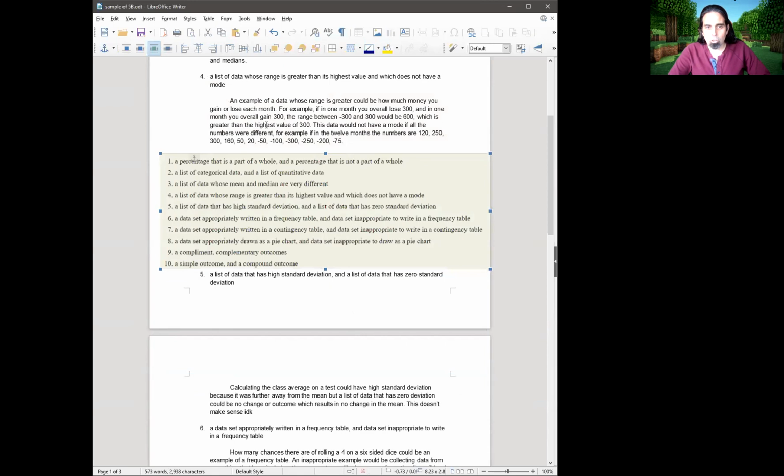This person did a good job on number 4. If you want the range to be greater than the highest value, then you have to have a negative thing in there somewhere. If I want to say the price of textbooks, the range of that will be the most expensive one minus the least expensive one.